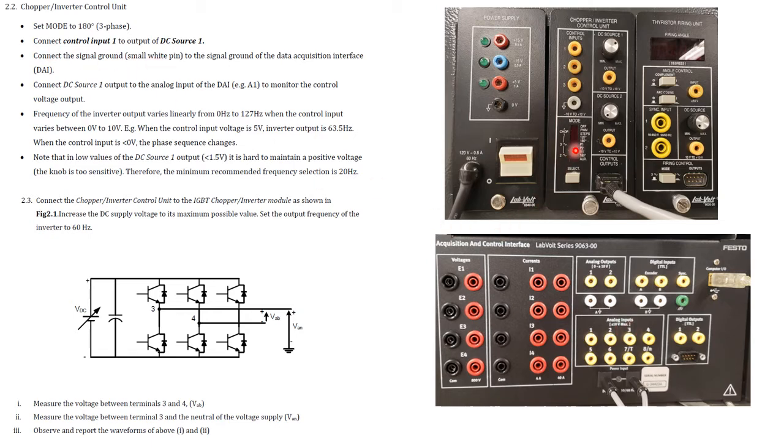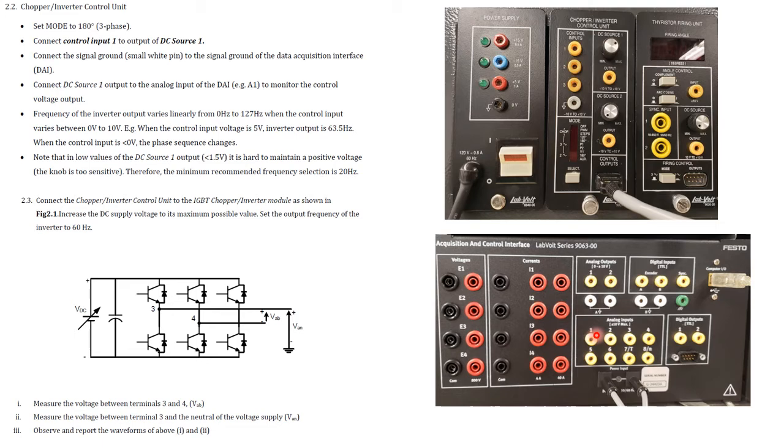So you should connect this white one to here. Then connect the DC source 1 output to the analog input of the data acquisition interface. You should connect this one to this point.